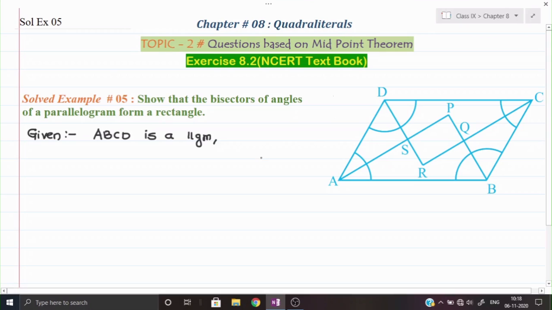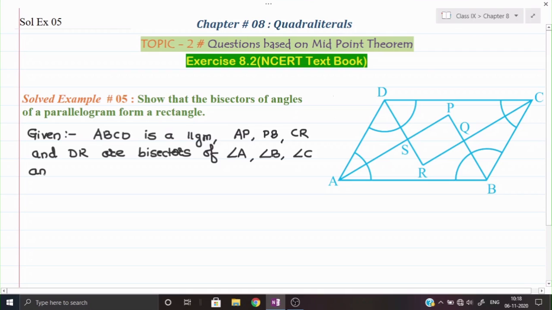So here we can say that AP, one line, second is PB, third one is CR and DR. These four are bisectors of angle A, B, C and D respectively. You can check, these are the only four bisectors.